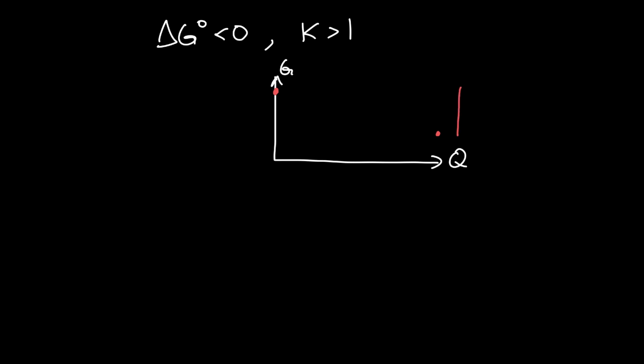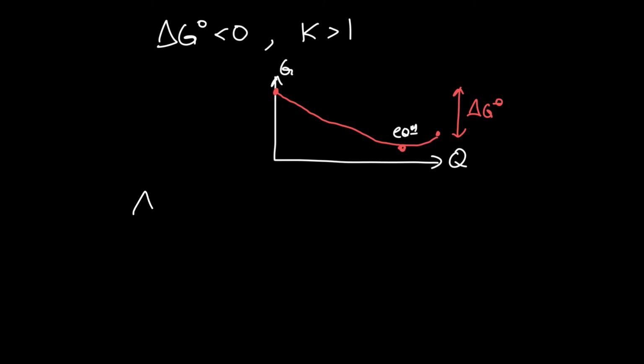We can associate the gap here as delta G standard. The curve goes down and then just sneaks up at the very end, and the equilibrium point is right here. When the products in their standard conditions are much, much lower than the reactants, the equilibrium lies very close to products. So K is exceptionally large.